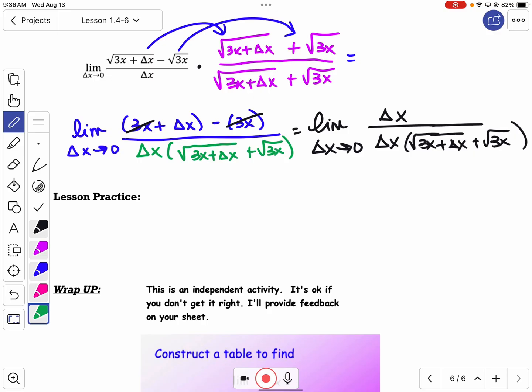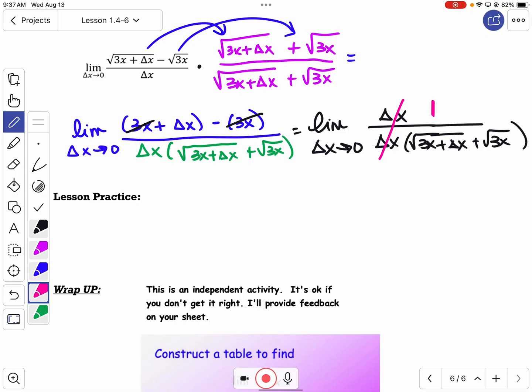Because that denominator is now factored, does it reduce? Okay, so I'm going to lose the delta x's that were out there in front. I can't leave the numerator empty, so I'm going to put a 1 there.